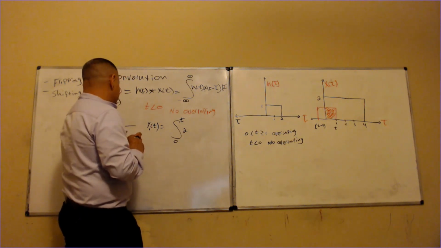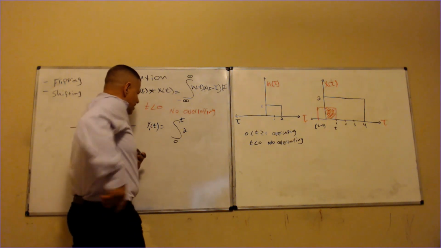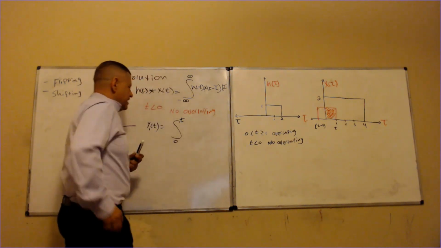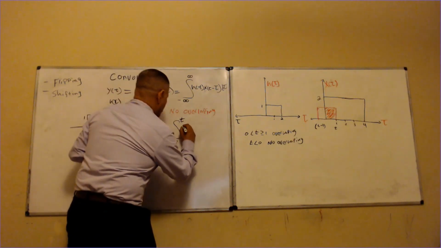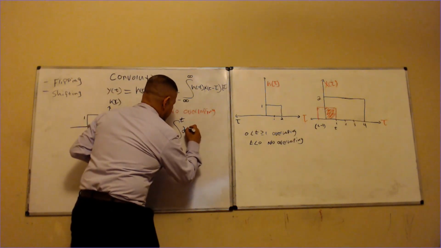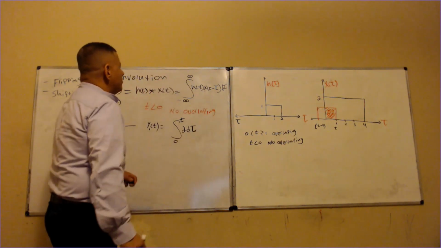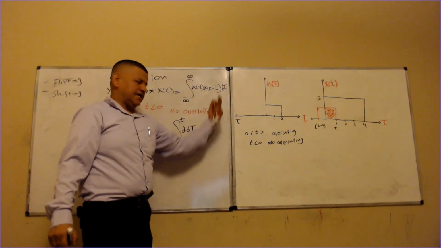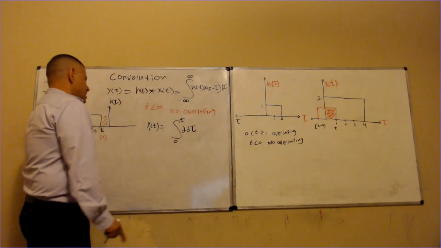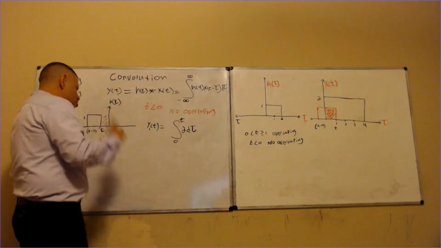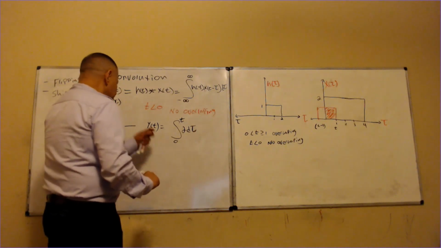And what is the variable? That's a good question. The variable that I'm integrating with respect to is d tau. Why d tau? Because that's what it's telling me. Now, let me do the integral for this.